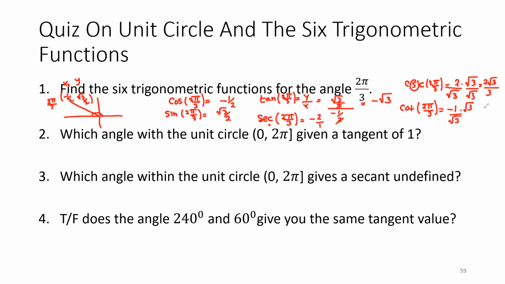Rationalize the denominator. That is negative radical 3 over 3. So is there a total of six? 1, 2, 3, 4, 5, 6.